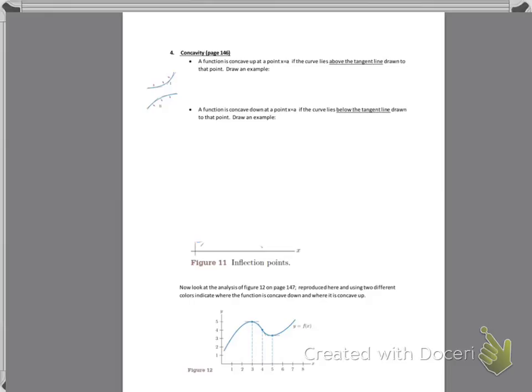Okay, concavity is a very calculus-based concept when analyzing a function. If you have a function that looks like this, and you try to draw a tangent line to it below the curve so that you don't cross it, so that the function lies above the tangent line, then that function is concave up at that point.